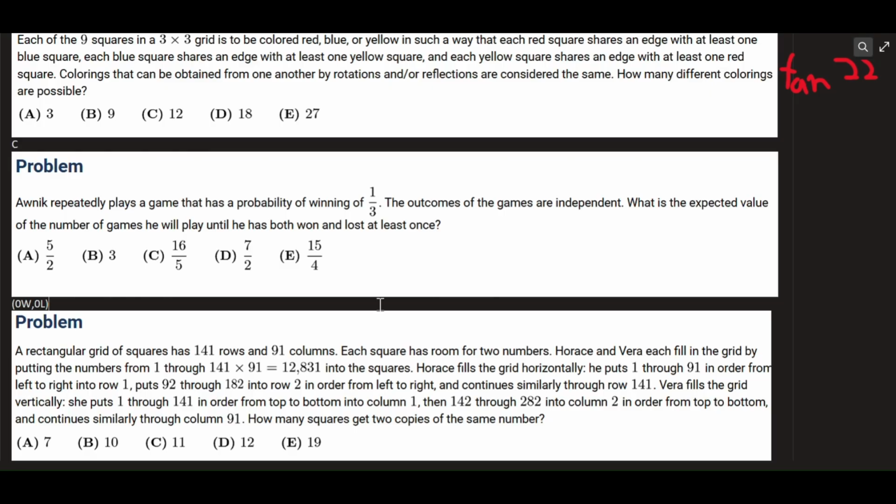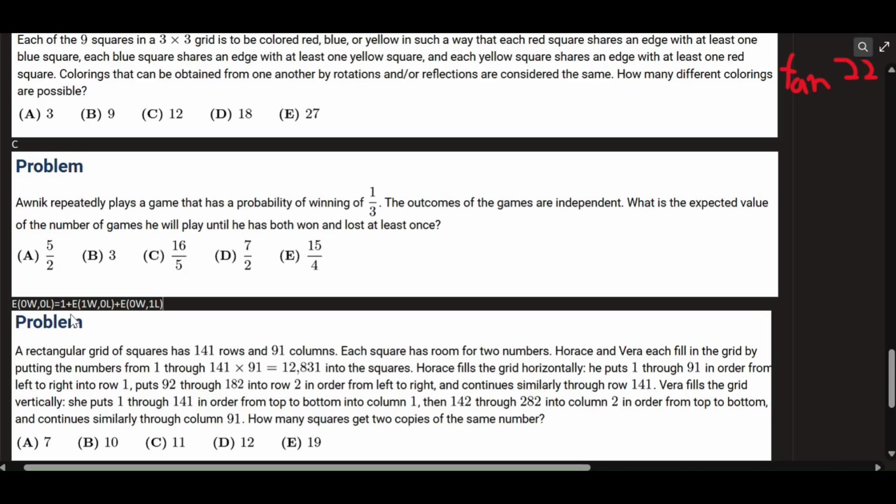So the expected number of games required when he is at 0 wins and 0 losses is 1 plus the number of games required for him when he's at 1 win, 0 losses, plus the number of games when he's at 0 wins, 1 loss.